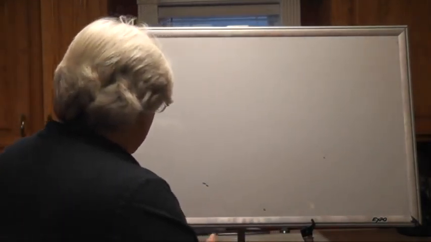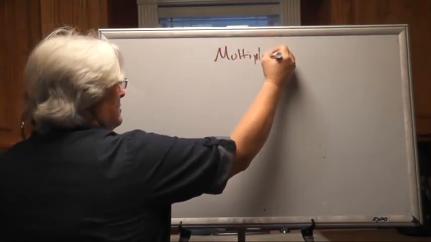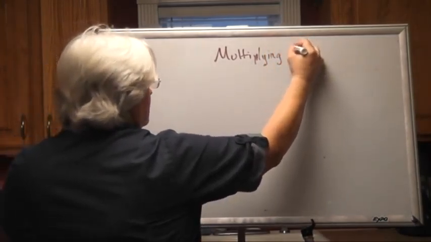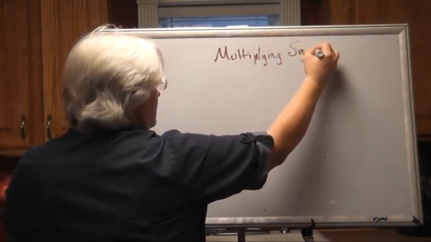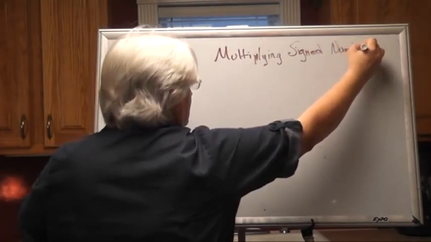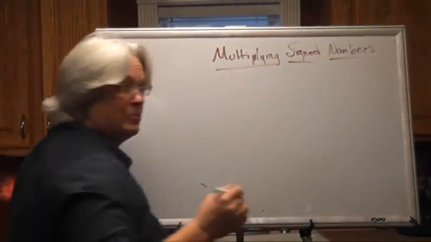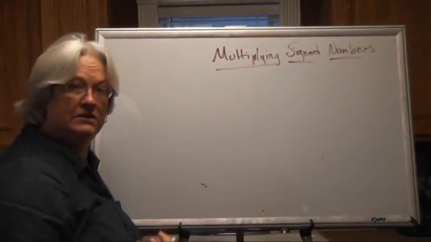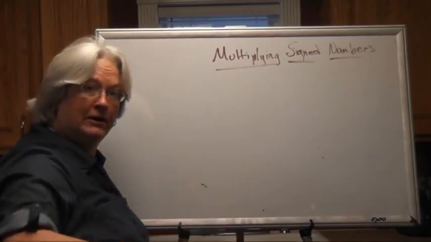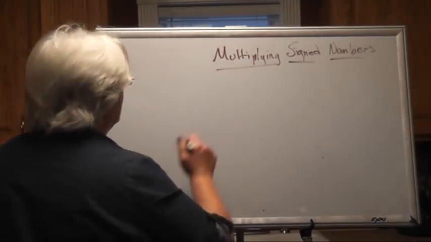I'm going to go ahead and talk about multiplying integers first, or multiplying signed numbers. And rather than come up with a rigorous algebraic proof of why it is that multiplying signed numbers works this way, I'm just going to show you some examples.